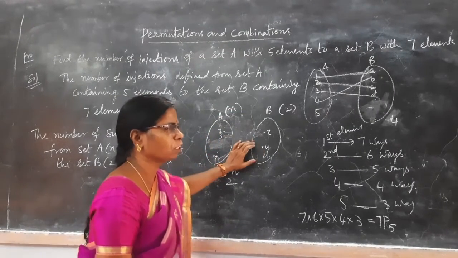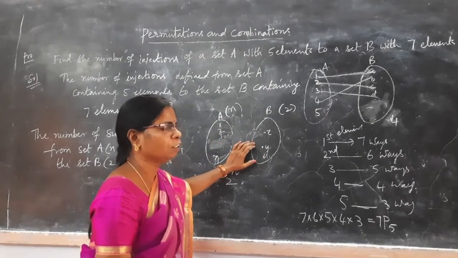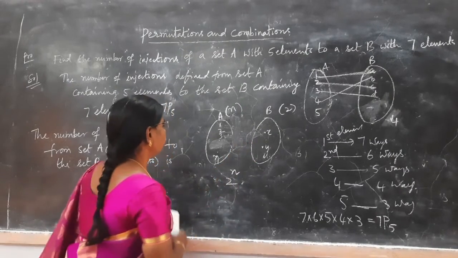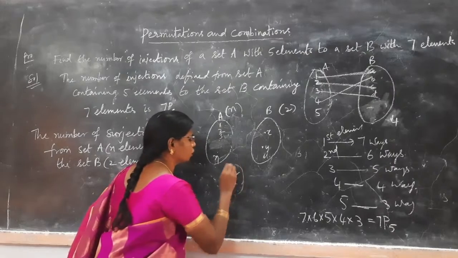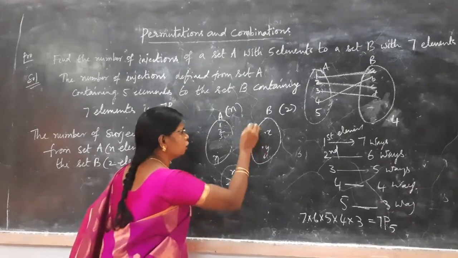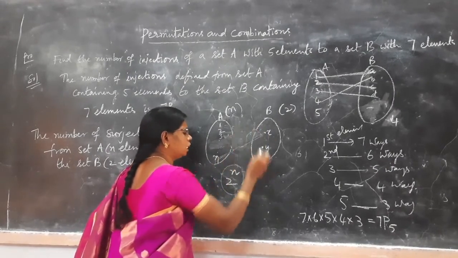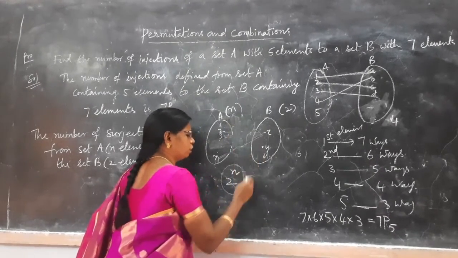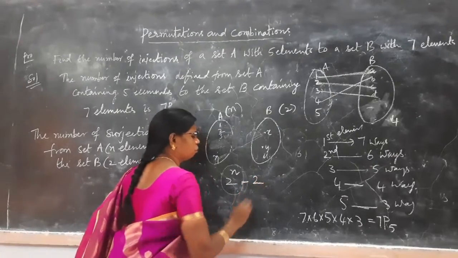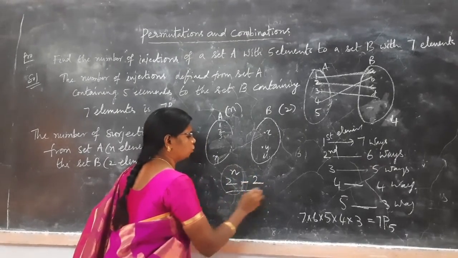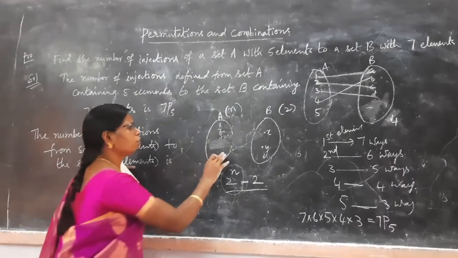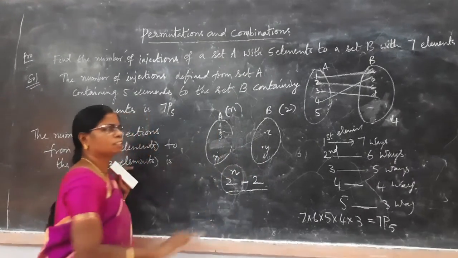These two functions are to be deleted in order to find the number of surjections. This is the total number of functions, and from these I delete these two functions. They are 2 in number. One function, another function. So after deleting, 2 power n minus 2. The remaining functions are all surjections.